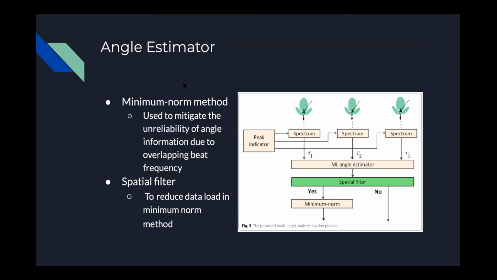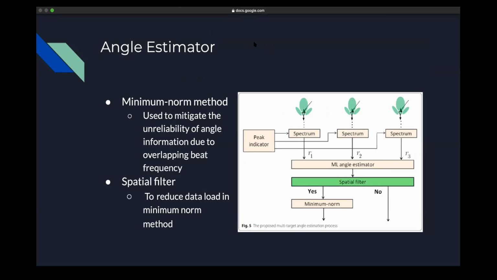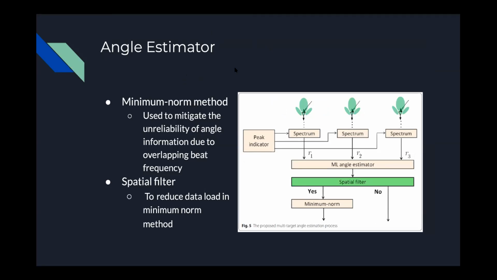That we are resolving for range and velocity by using the three-segment method. But in order to distinguish different overlapping beat frequencies and their corresponding azimuthal angles, an approach called the minimum norm method is very popularly used in this case. So this actually removes the unreliability of the angle information.